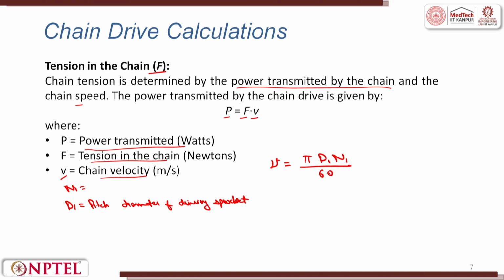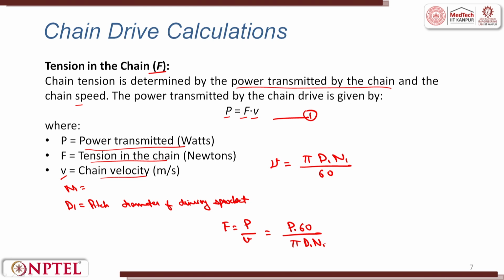And when we put this value of V in equation 1, we get force is equal to power by velocity, which is equal to P into 60 by pi D1 N1.